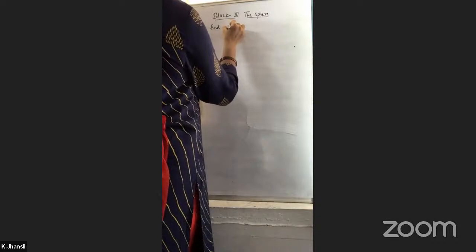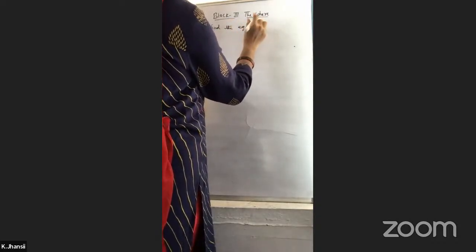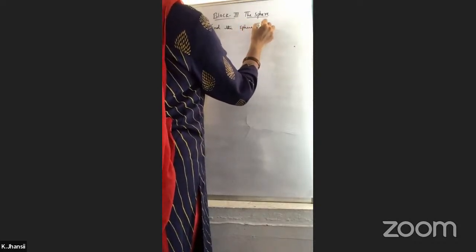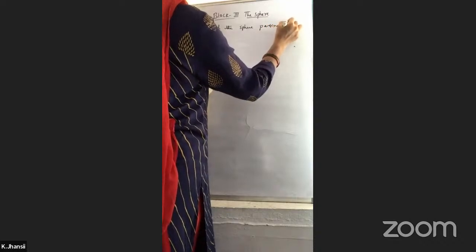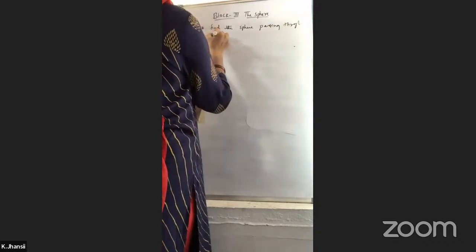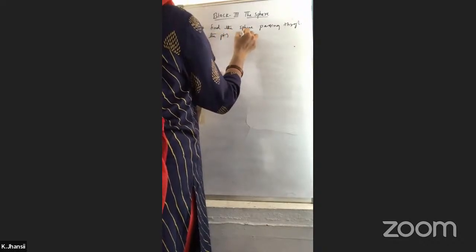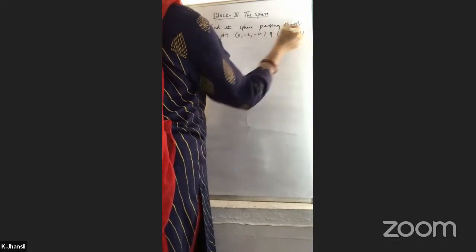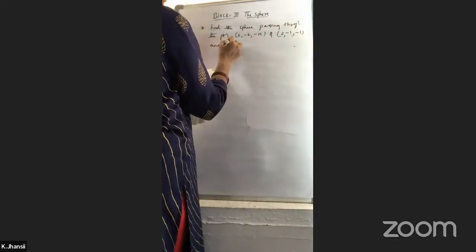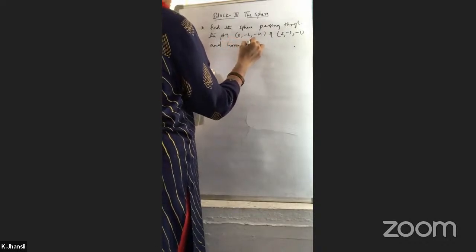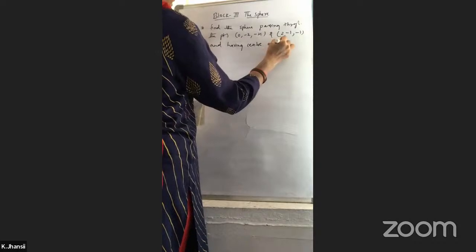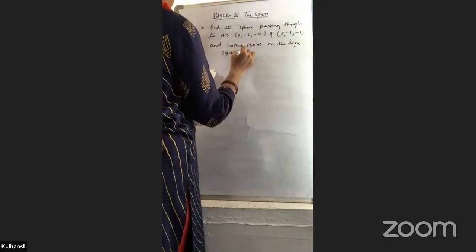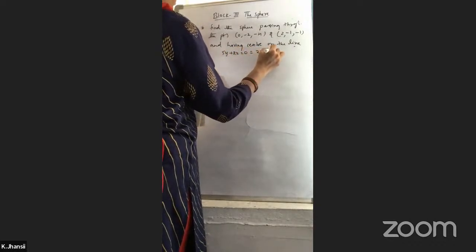Find the equation of the sphere passing through the points (0, -2, -4) and (2, -1, -1) and having center on the line 5y + 2z = 0 = 2x - 3y.